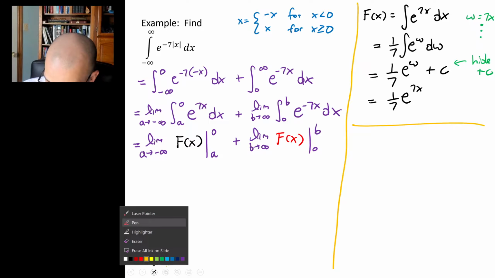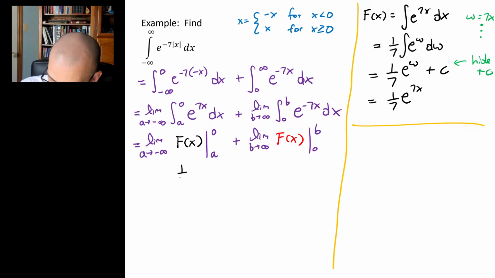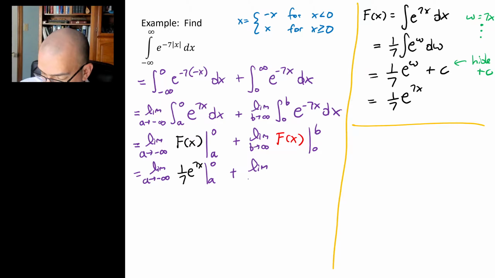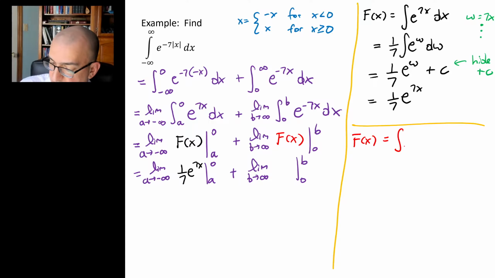And for the second piece, capital F of x this time is the integral of e to the negative 7x. And we'll use the same type of substitution. W is negative 7 times x.